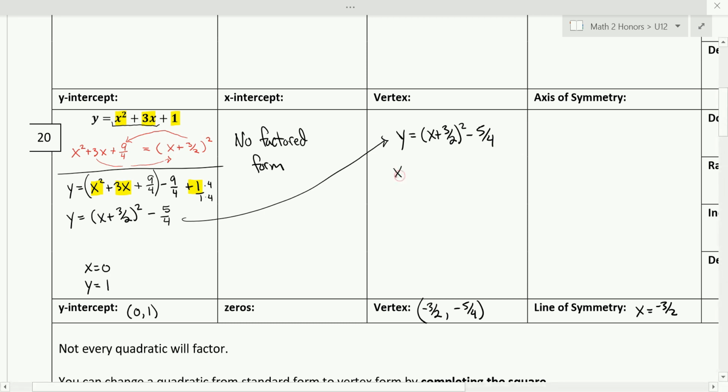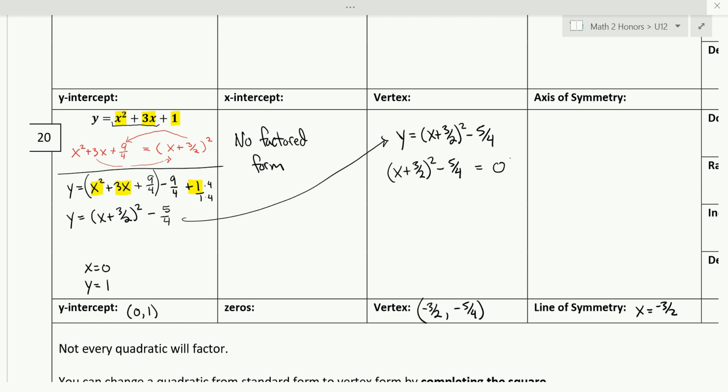So I'm going to have x plus 3 over 2 squared minus 5 over 4. I'm going to plug in 0 for y, but I'm going to put it on the right-hand side. It's a little easier to work with 0 on the right-hand side. What's helpful here is this squared part.